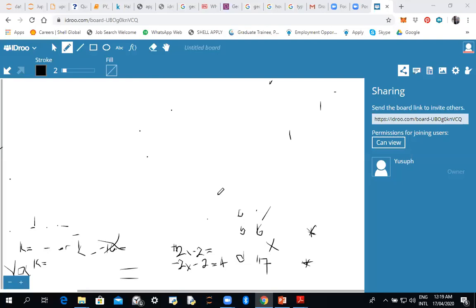Now, we know that 3x plus b is equal to what? 180 degrees, right?